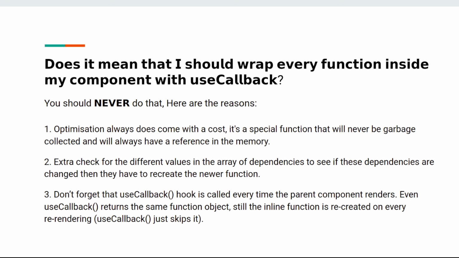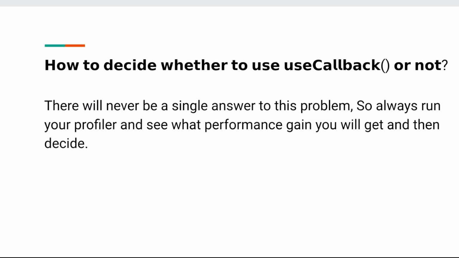So it is not like my function is not getting recreated. It is actually getting recreated, but useCallback just skips it. This is how it works. So you should be very careful that it should not be like you are passing all the functions via a useCallback hook.